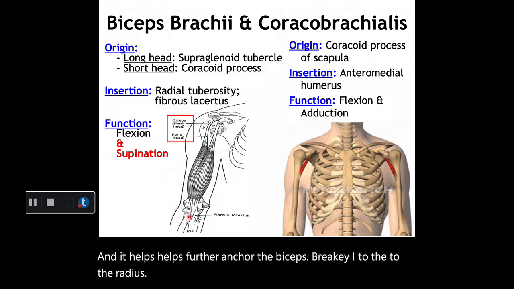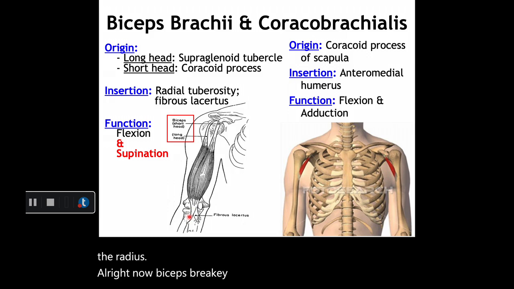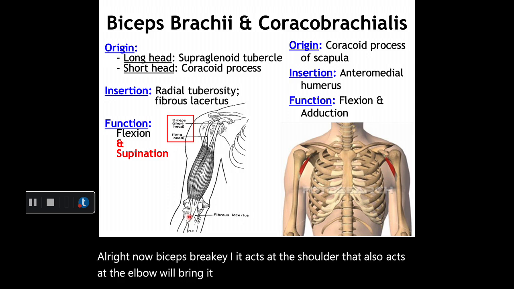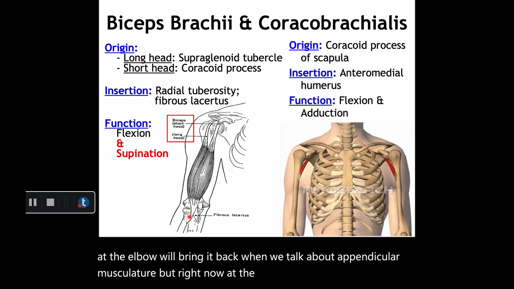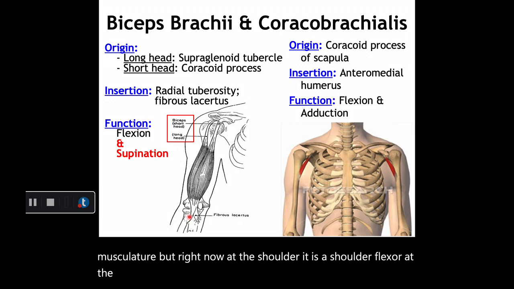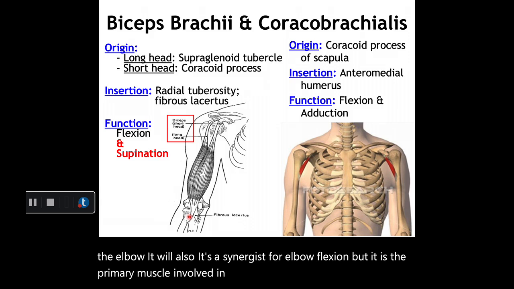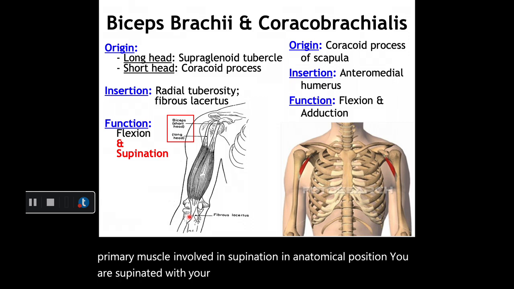All right, now biceps brachii, it acts at the shoulder. It also acts at the elbow. We'll bring it back when we talk about appendicular musculature. But right now at the shoulder, it is a shoulder flexor. At the elbow, it's a synergist for elbow flexion, but it is the primary muscle involved in supination. In anatomical position, you are supinated with your palms facing anteriorly or forward.